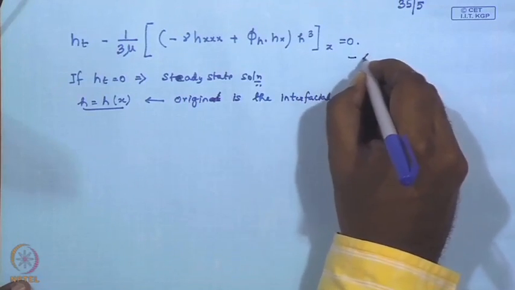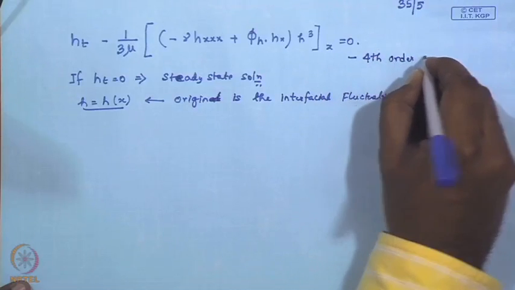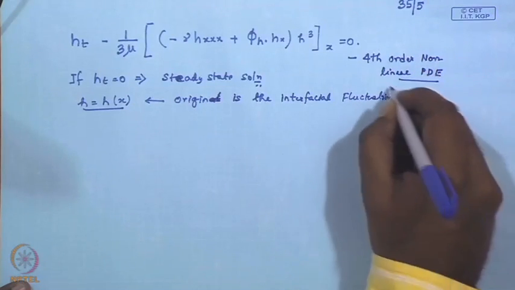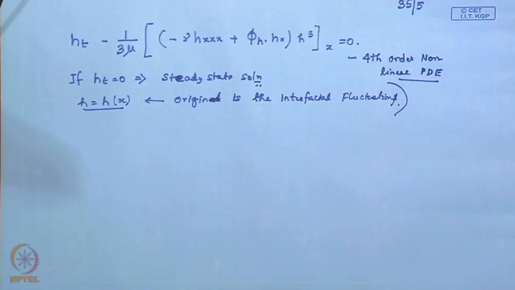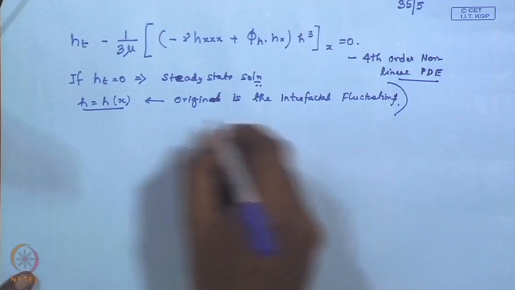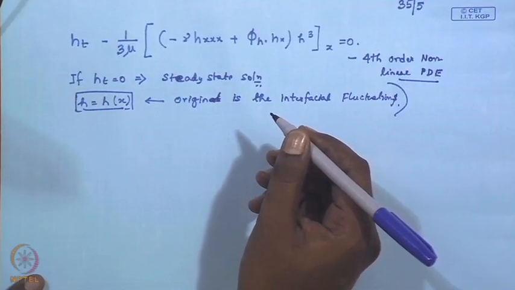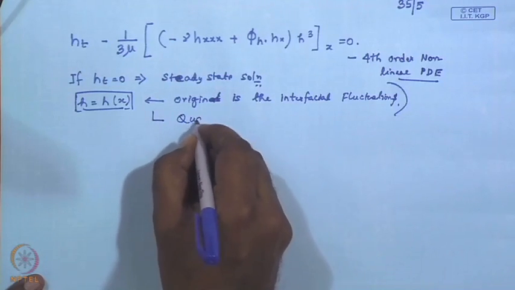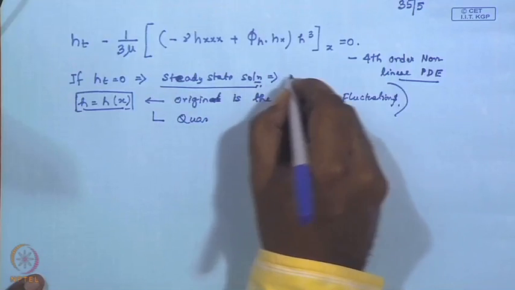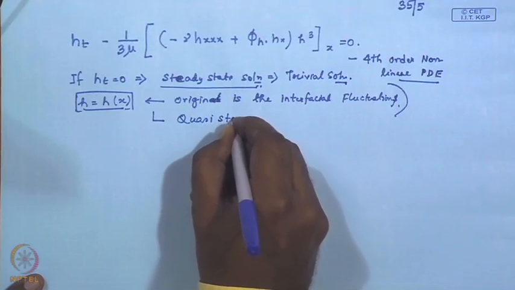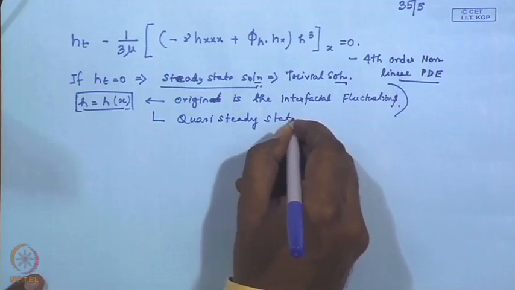So, this is essentially a fourth order nonlinear PDE, and it actually has infinite number of steady state solutions. So, any h is essentially a solution for this if h t is equal to 0. Since h is h x, the surface is not flat. So, it is essentially a quasi steady state situation, and the steady state solution is a trivial solution here.